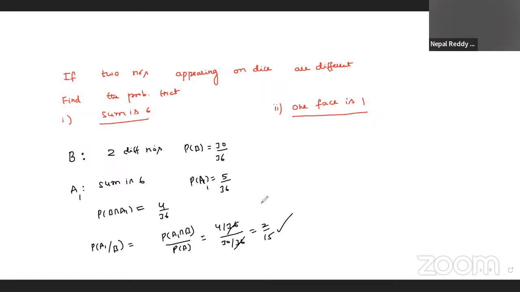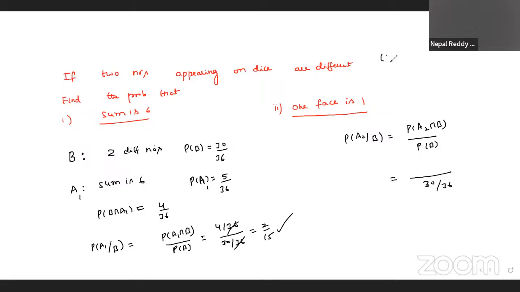Next, on one face, the number is 1. So here, probability of A2 given B is probability of A2 intersection B divided by probability of B. We know that probability of B is 30 by 36. And one face is 1 is given, and the other whatever. How many such exist?